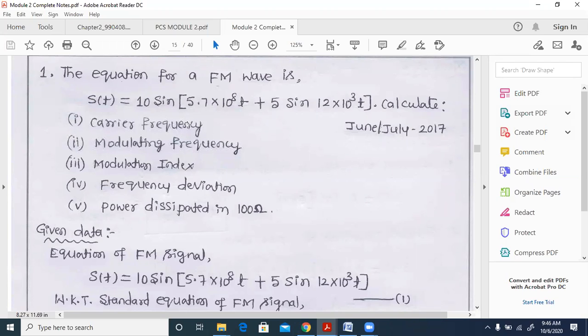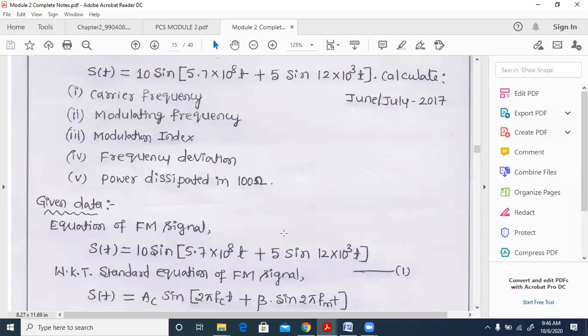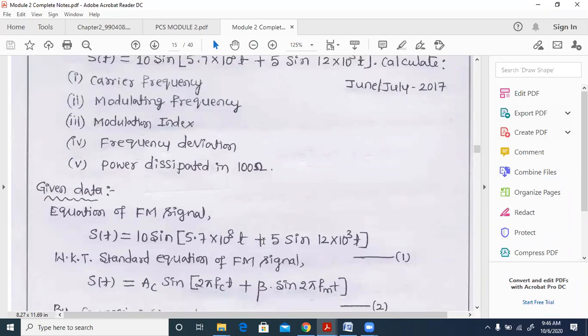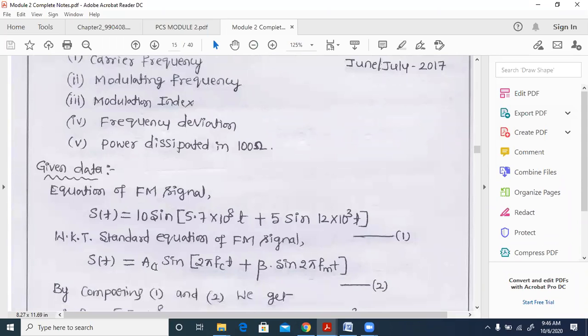Carrier frequency, if you want. Now this carrier frequency is associated with this. You can try to write that equation itself. Same thing, whatever is there here, we are repeating here. And then we are trying to write the standard equation form, which is AC sine 2 pi FCT plus beta sine 2 pi FMT.